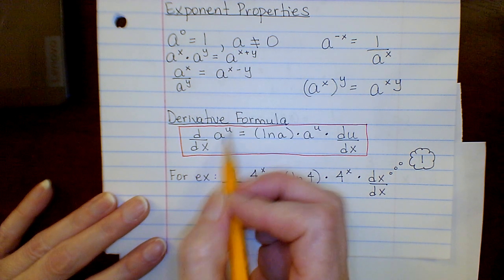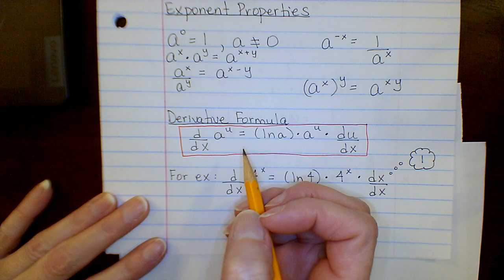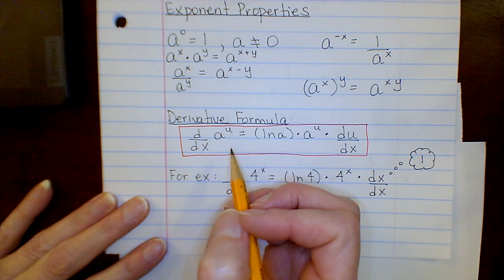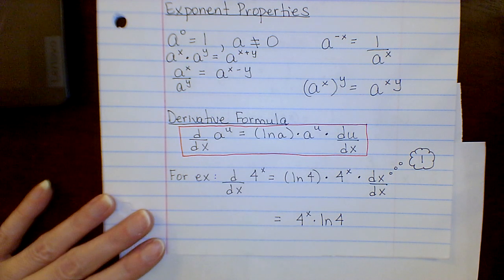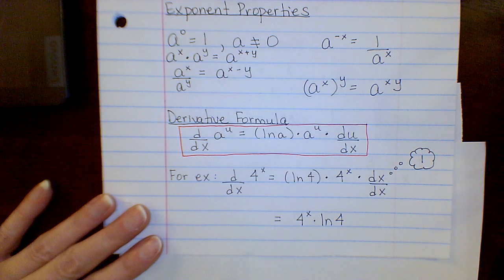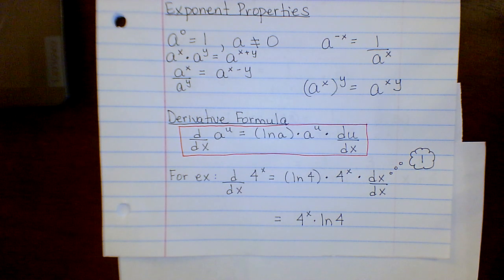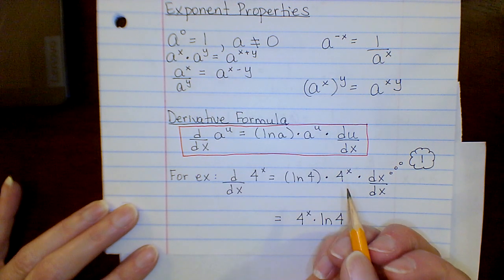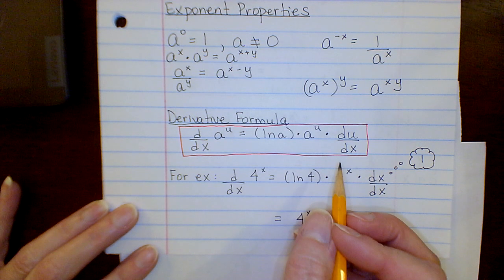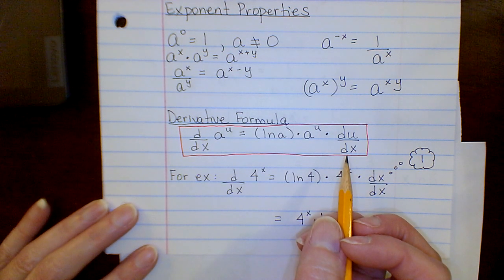Now, we already did this in section 5.4 for e to the u, because we did the natural log stuff first, and then we extended it to other bases. So here we've got the derivative of e to the x, now we extend it to other bases. I am going to derive this for you, and it comes from a similar thing to the derivative of e to the x.